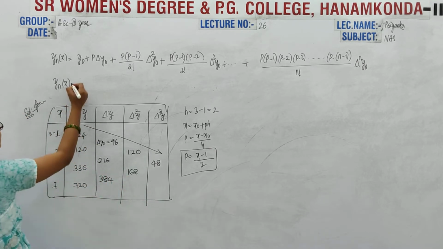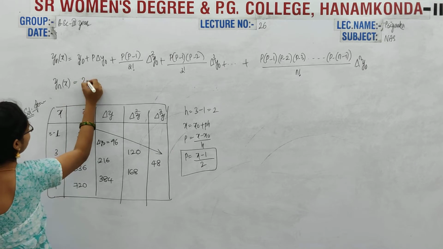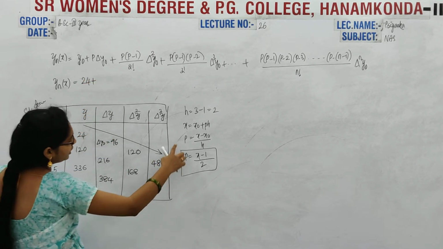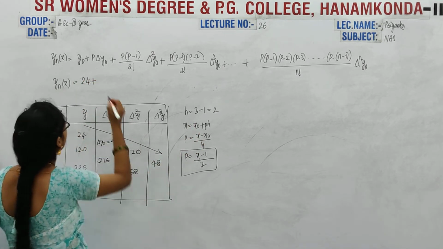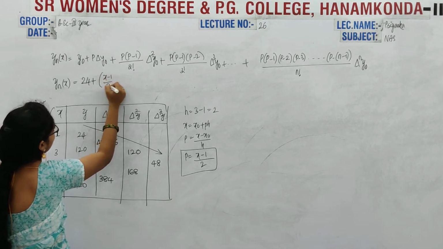So what is y naught? 24 plus p into delta y naught, where p is (x minus 1) by 2.